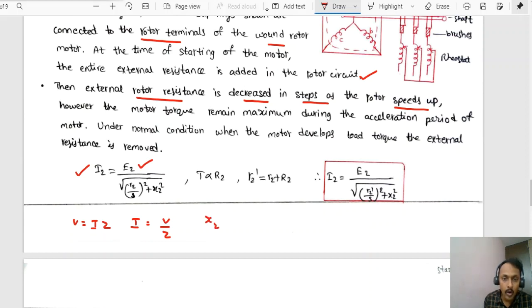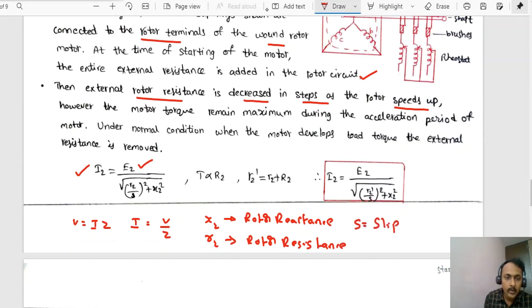X2 indicates the rotor reactance, R2 indicates the rotor resistance, and S indicates the slip, which you are already familiar with.